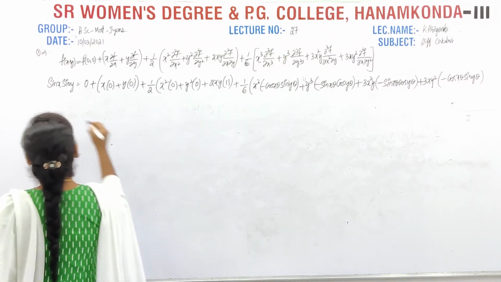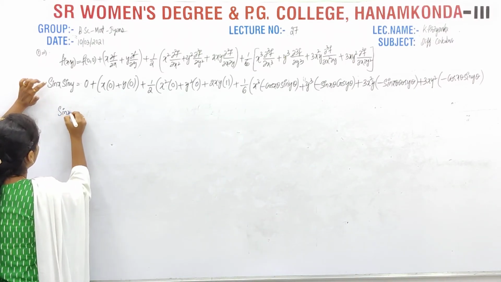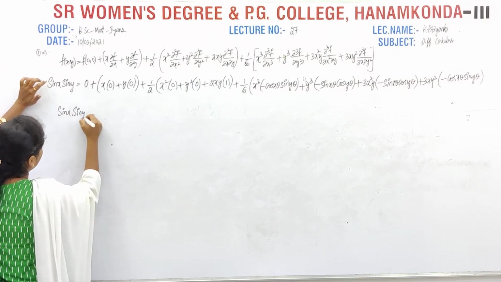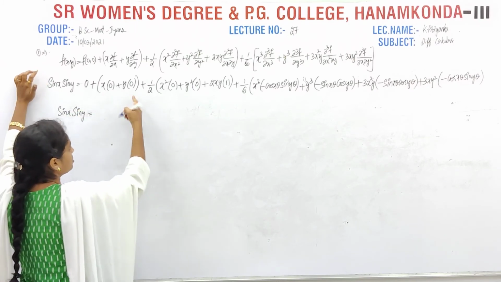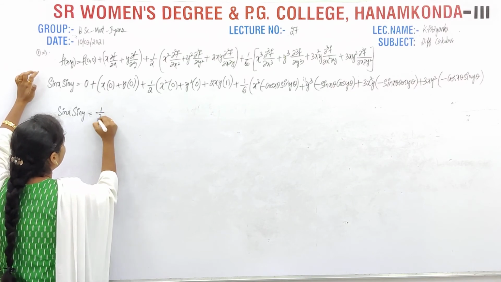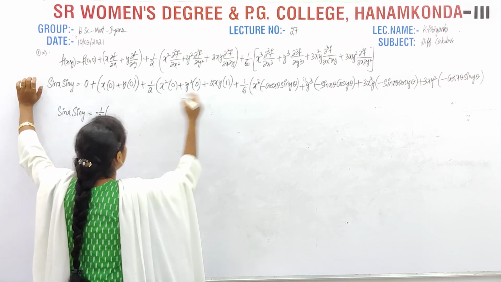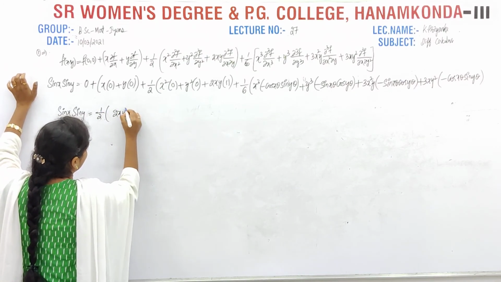So now here simply sin x into sin y equal to 0 and 0, 0, same thing, right? Now 1 by 2 of 0, 0, and here we will get that 2x.